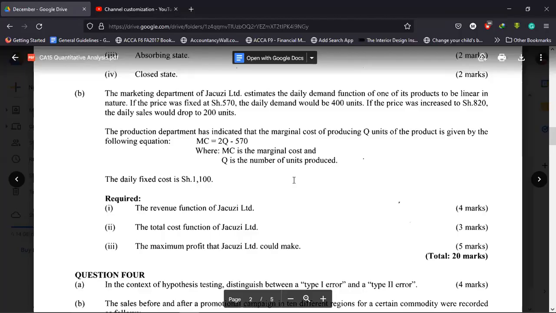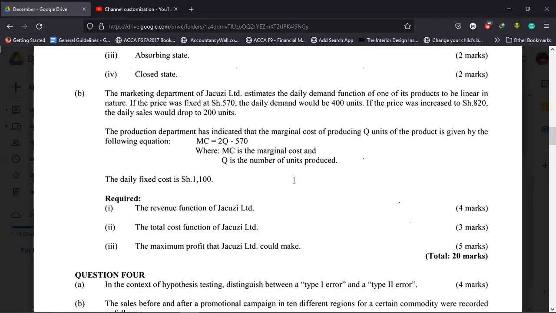Have I shared the question? Not yet. Very good, it is here. What was our price function?